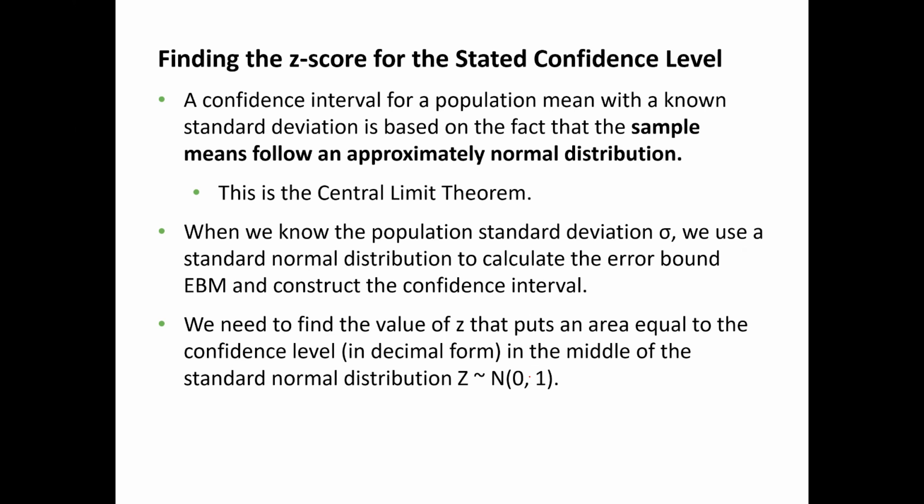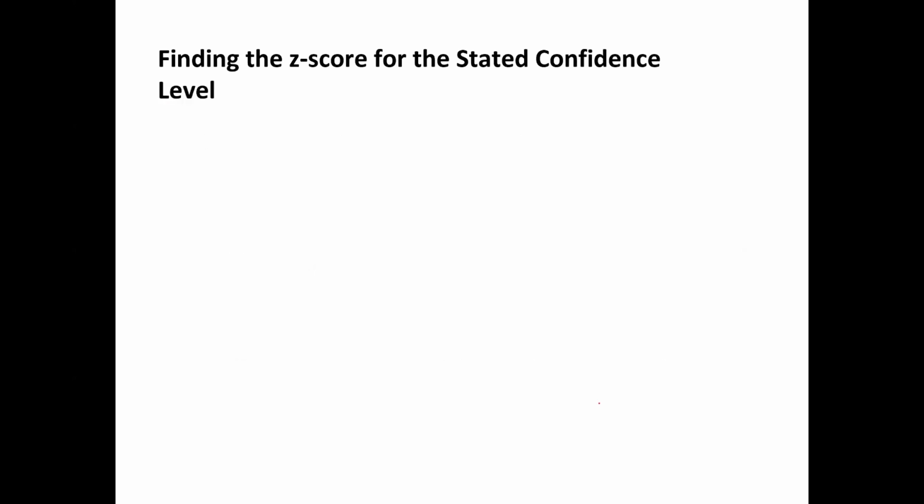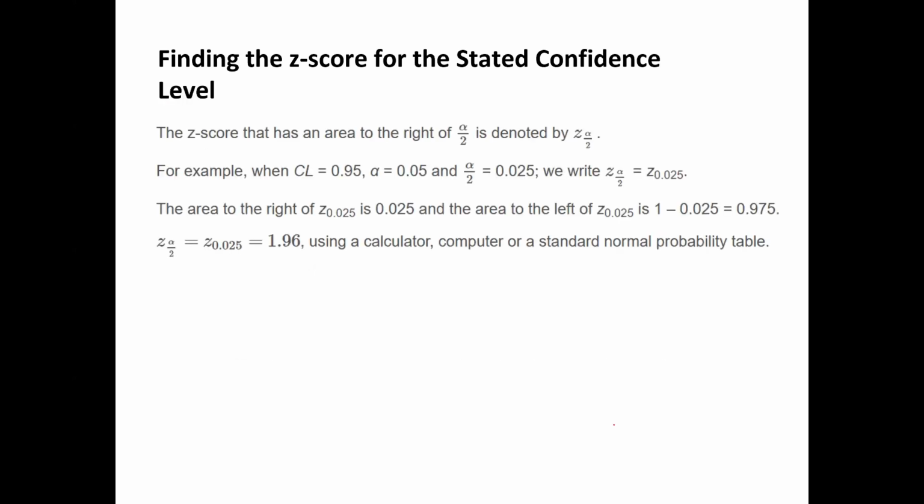We need to find the value of z that puts an area equal to the confidence level in decimal form in the middle of the standard normal distribution. That's why we made you do this over and over again. The z-score that has an area to the right of alpha over 2 is denoted by z sub alpha over 2. What does that mean?